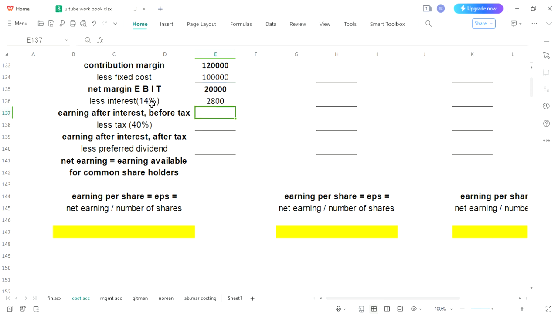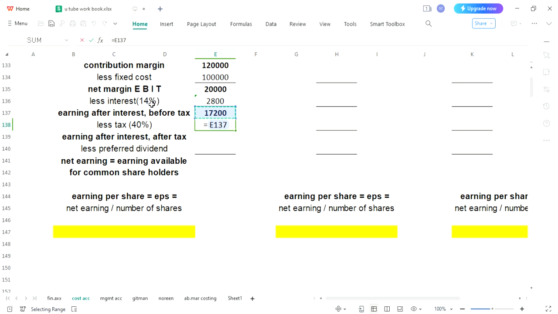Earning after interest is now open to calculate by subtracting interest from EBIT. EBIT is 20,000, and you will subtract your interest, which is 2,800. So we have got our earning after interest. Now tax would be applied. A 40% rate is given in the question. We need the previous earning, 17,200.